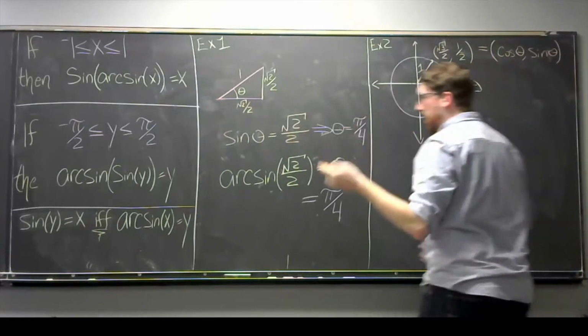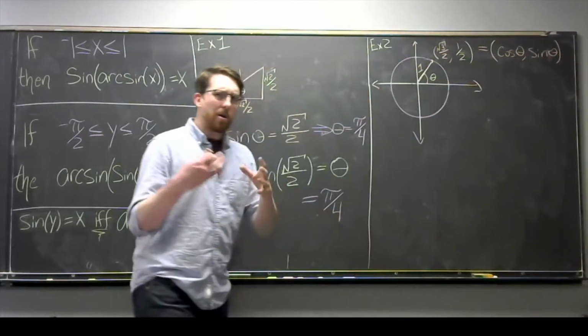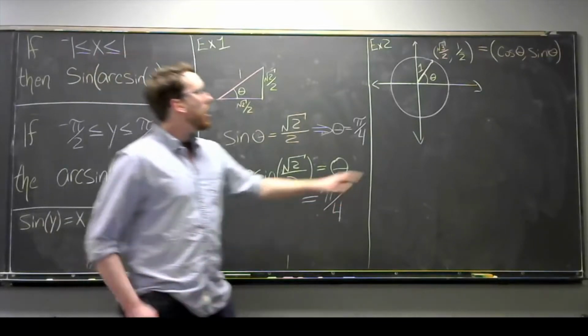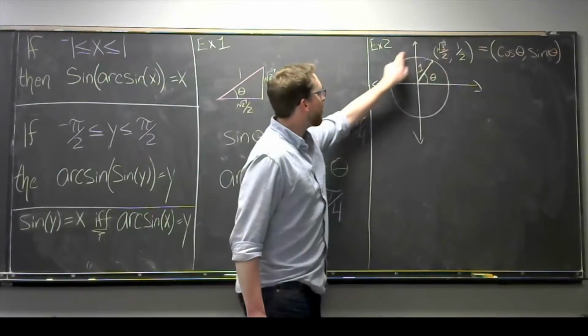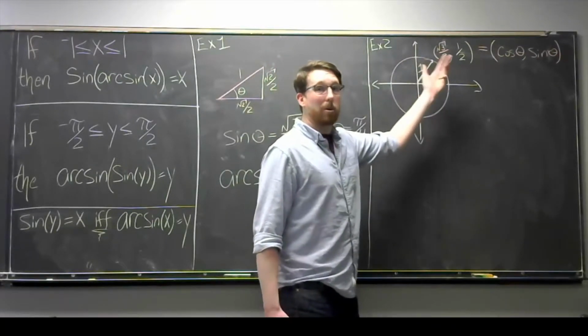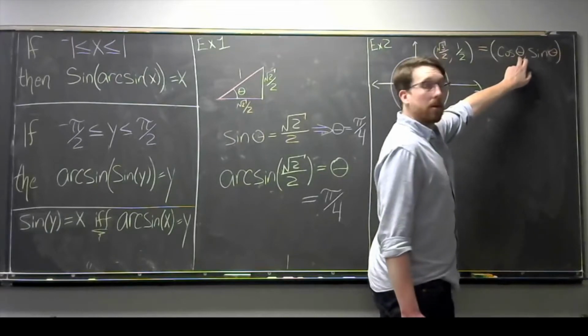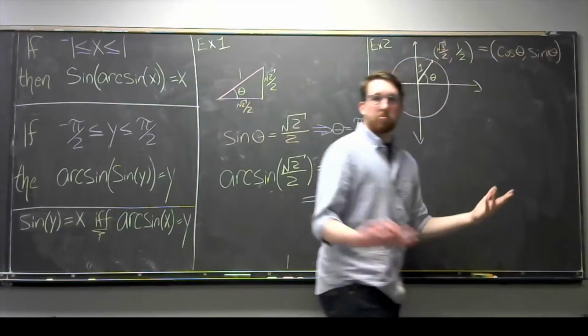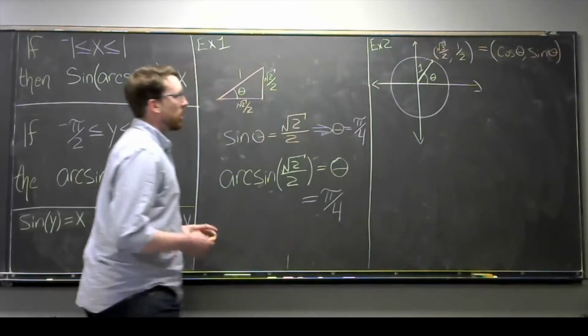So what I mean is, on our unit circle, if we recall, the xy position of any one point along the edge of our unit circle is equal to the cosine of that angle and the sine of that angle. Cool.